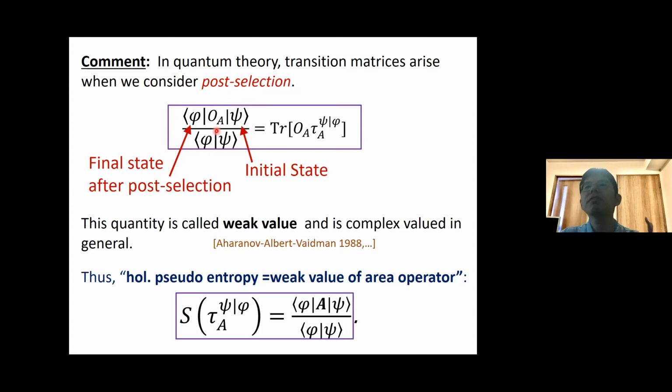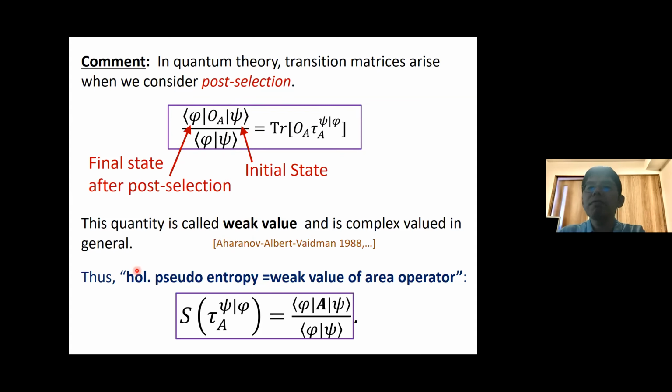In that case, what's the value of O_A? That is something called the weak value, known in the quantum information literature. Even though O_A is Hermitian, this quantity in general takes complex values. So we are talking about some entropic analog of this quantity. But this normalization is quite important here. We can say a little bit more.